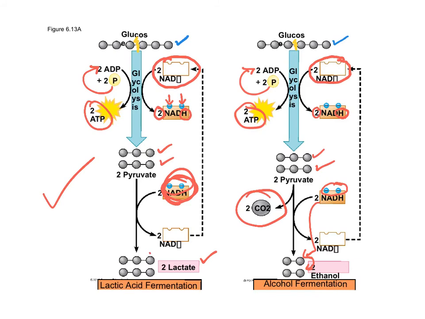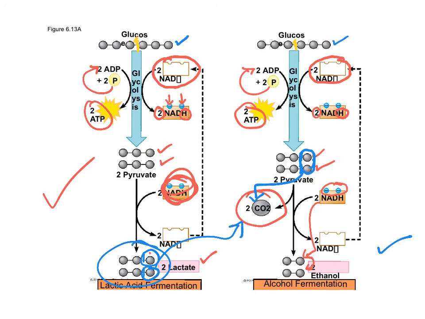In alcohol fermentation, those 3-carbon molecules, the bond is broken right there, and you get 2 free carbons. That's where you get the CO2. I'm just using the 3 carbons over here to show you what happens in alcohol fermentation over here, right? So here, I guess I can show it to you here. 2 of these carbons get broken off from pyruvate, and that's how you get the 2 molecules of CO2.